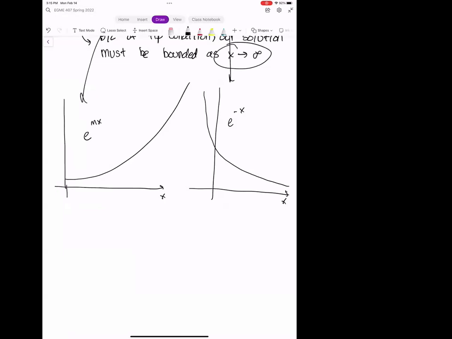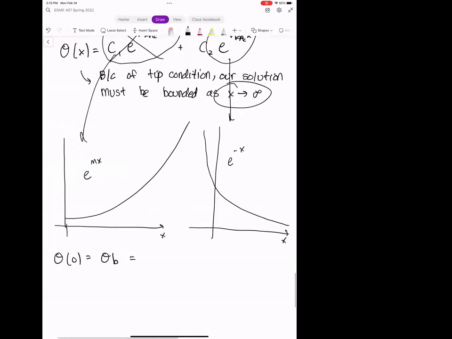And so if you remember our base condition, theta at 0 is equal to theta b. If we plug this into our remaining solution, we have C2 e to the minus square root of HP over KAC multiplied by 0. If we multiply by 0, we get e to the 0, and e to the 0 is just 1.